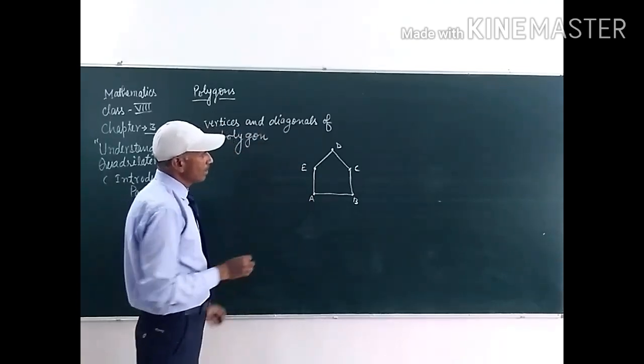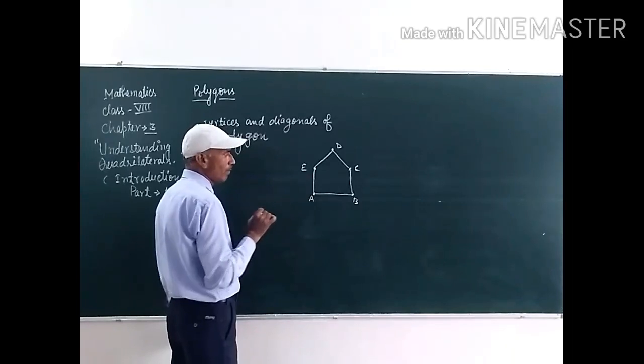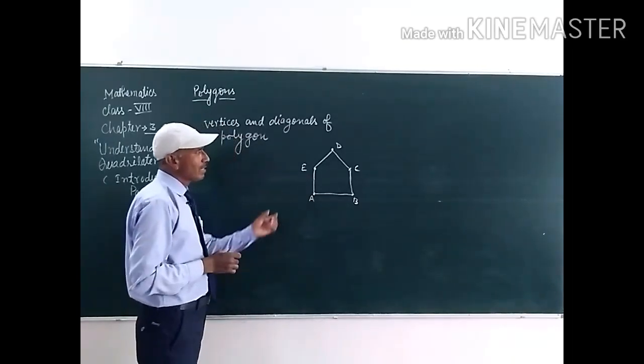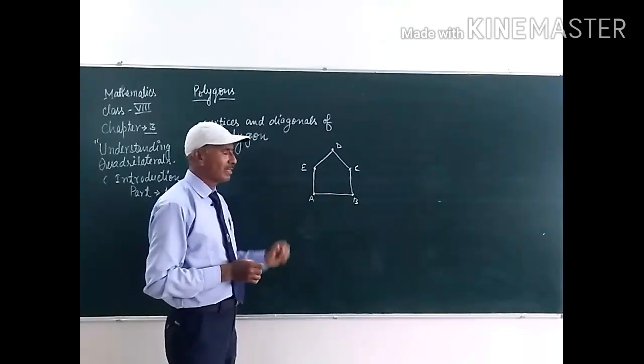These are the vertices of this polygon. The plural form of vertex is vertices.